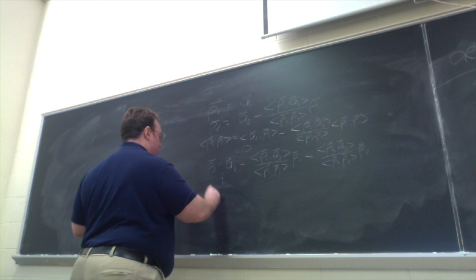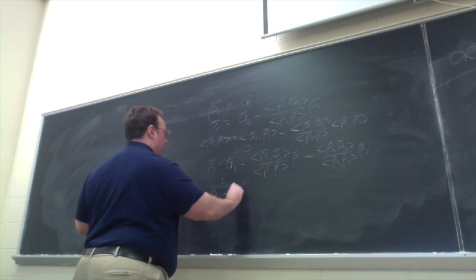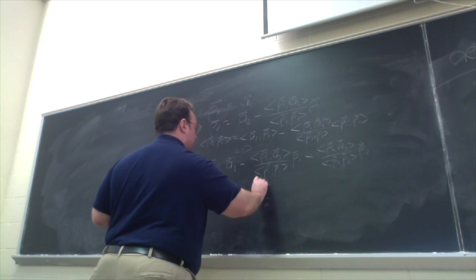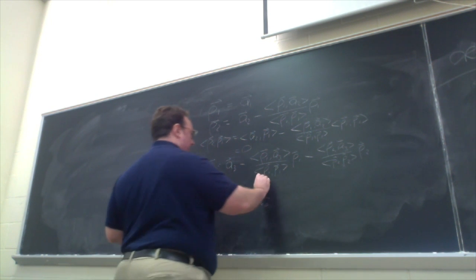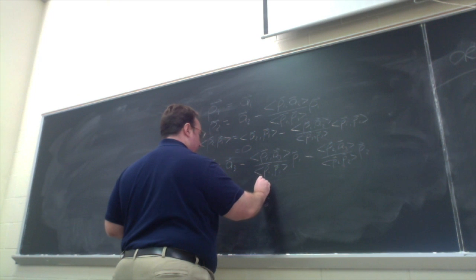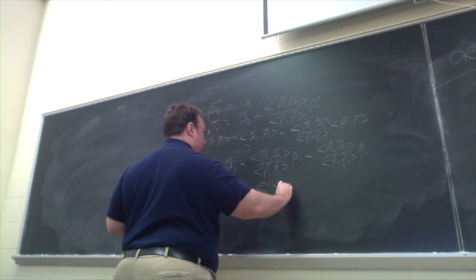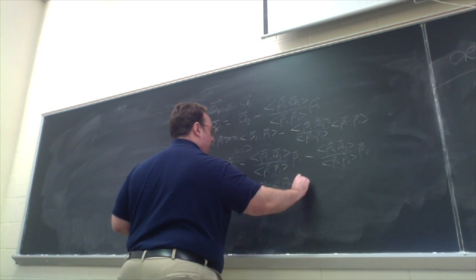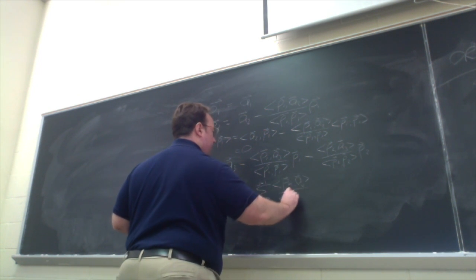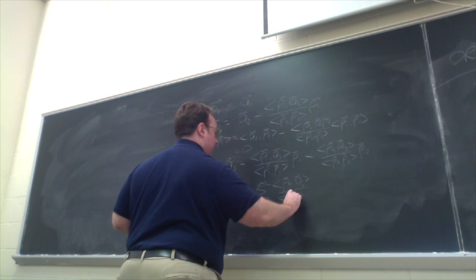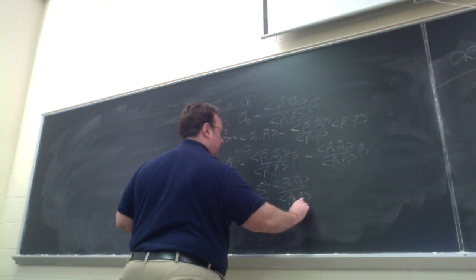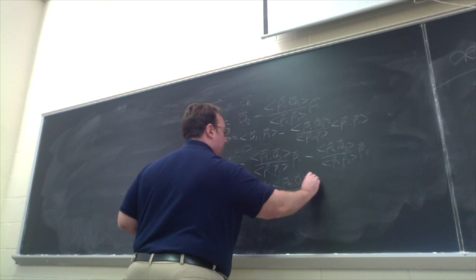So in general, each pj is equal to aj minus the sum, all right, so then I have inner product of pk with aj over pk with itself times pk.